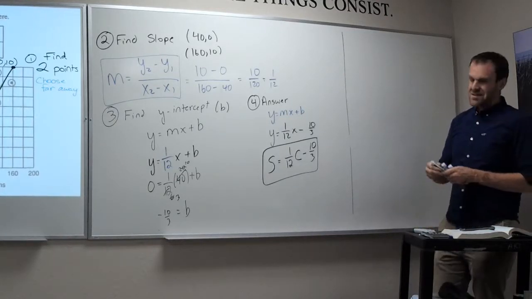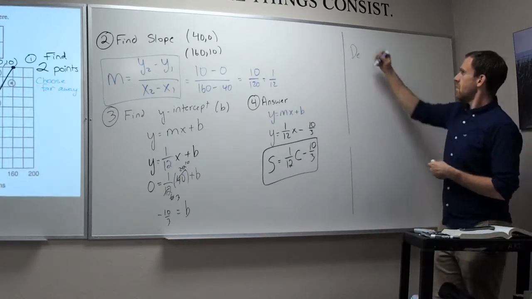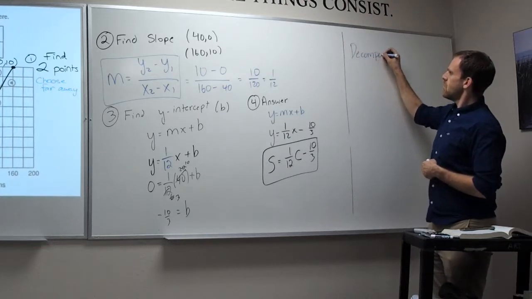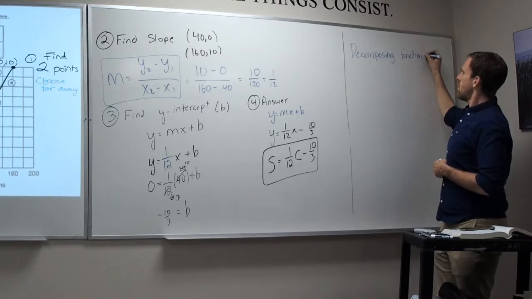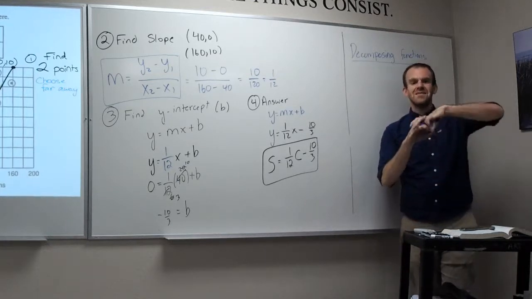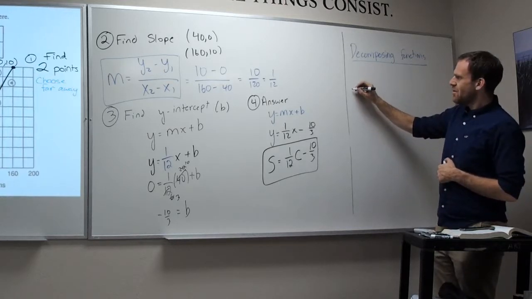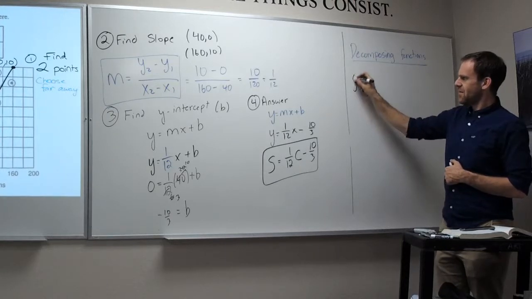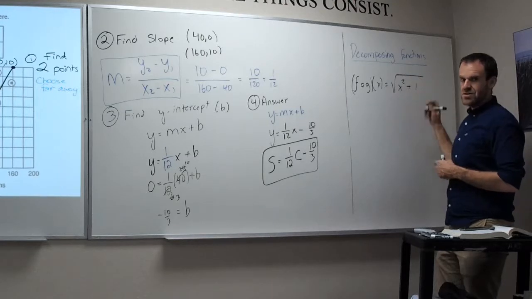So, this is decomposing functions. The key here is that you are looking for one function that is inside of another. So, their first example is that they want you to find two functions such that f composite g of x is the square root of x squared plus 1.